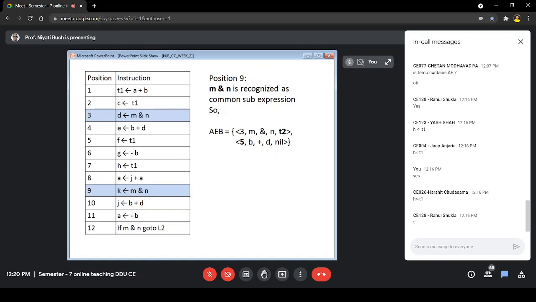D is assigned now the value of T2, and in instruction number 9, old position 9, where we are assigning the value to K, there also we have to use T2. So let's see the change. All these changes as I have just described are visible to you over here. If you are computing in your books, fine, then just see this and make the changes.